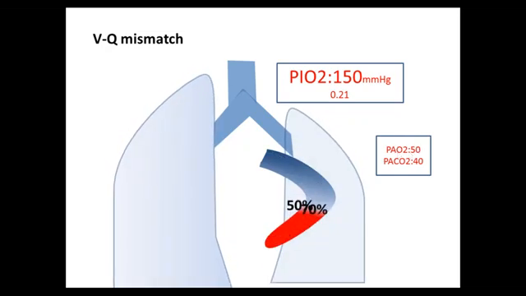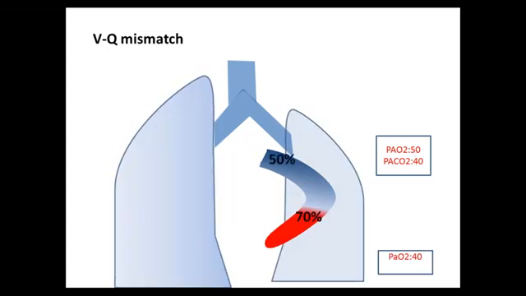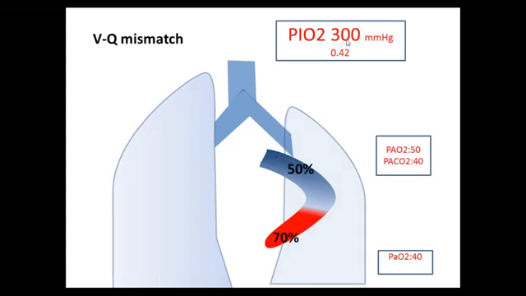So there is no issue with ventilation, but mainly with low partial pressure of oxygen inside the alveoli. The partial pressure of oxygen is reduced from almost 100 to 50. So you need to almost double the inhaled oxygen from room air to around 40%. So you have 300 millimeter mercury of partial pressure of inhaled oxygen.